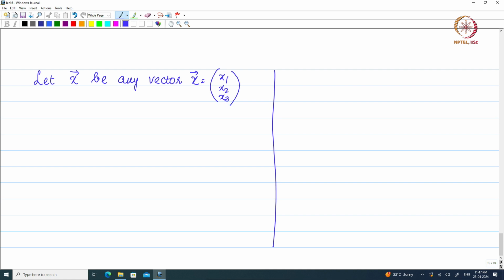We basically want to find the reflection of x about the plane pi.